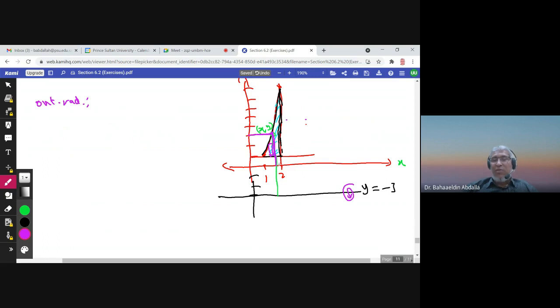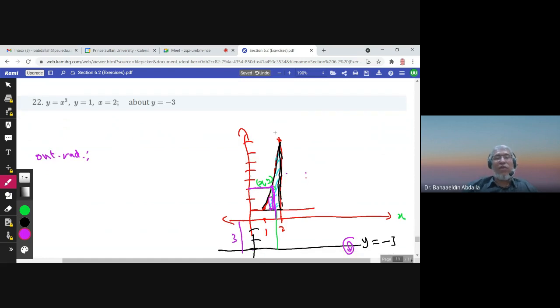So this distance is y, but this distance from -3 to 0 is fixed. This is 3, because the distance from 0 to -3 is always 3. So this is 3 plus this, which is the y of the curve. The y of the curve is x cube. So the outer radius is 3 plus x cube.